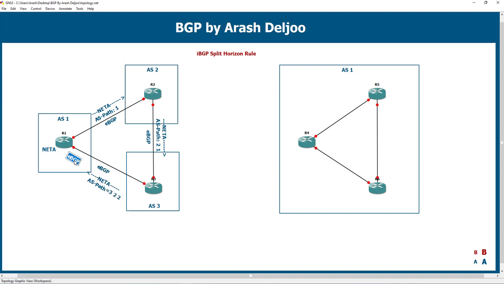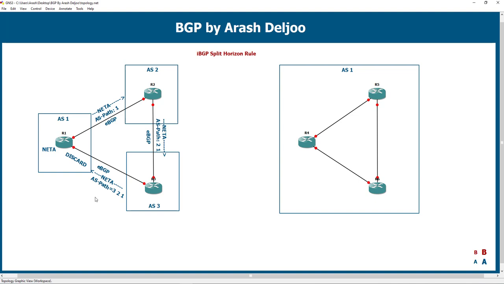Why does R1 discard this packet? Because R1 can see its own AS number in the AS sequence of the received BGP update. So R1 understands that this packet was generated in AS1 or passed through AS1. In both cases, R1 should drop or discard this update.